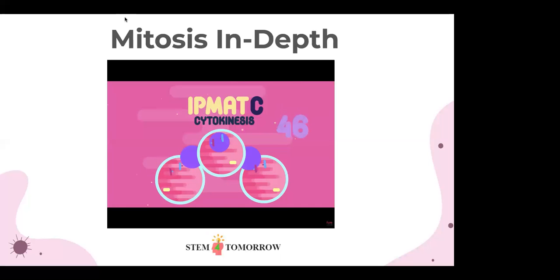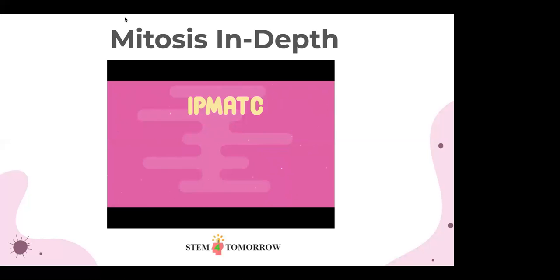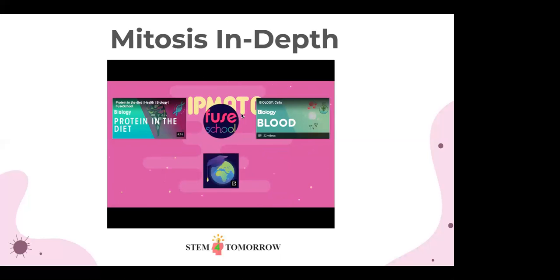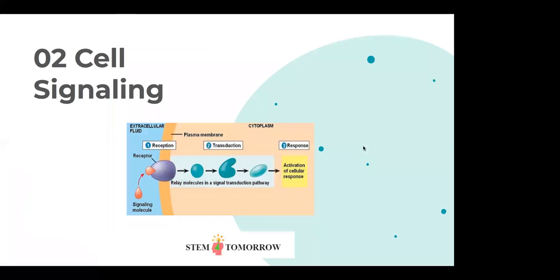So 46 or 23 pairs in humans. So there we have how cells divide by mitosis to form two new identical cells, with the special IPMAT sciencey words included. All right, so hopefully that gave you a good understanding, or just a pretty rough idea, of what mitosis is.